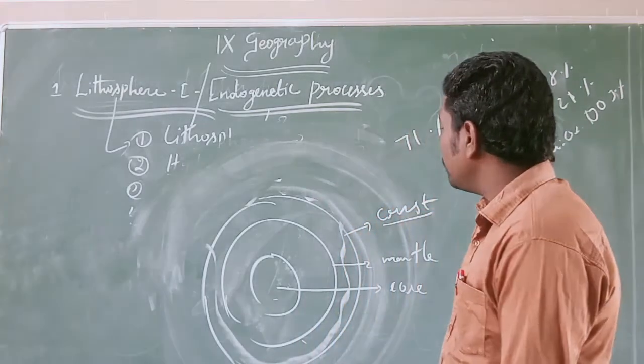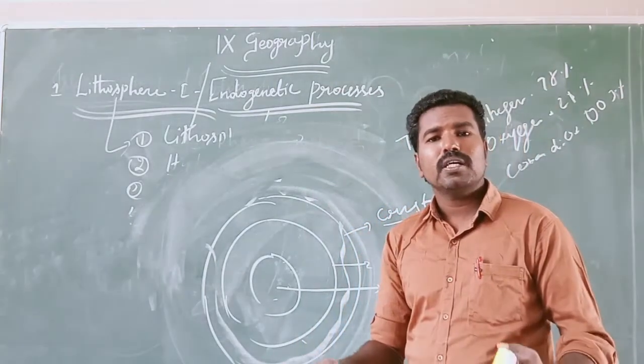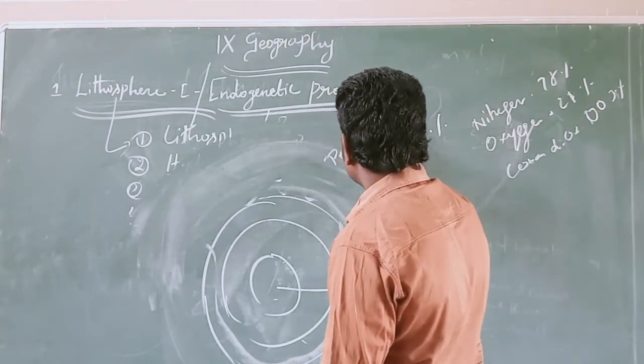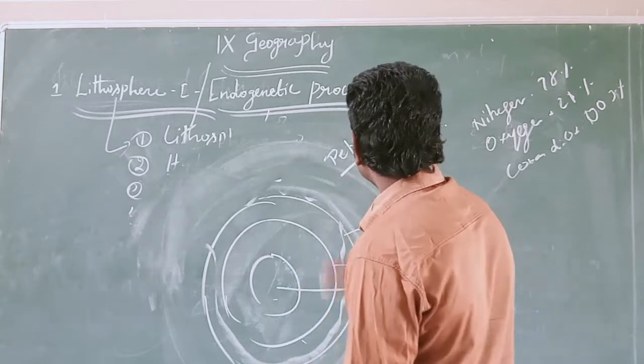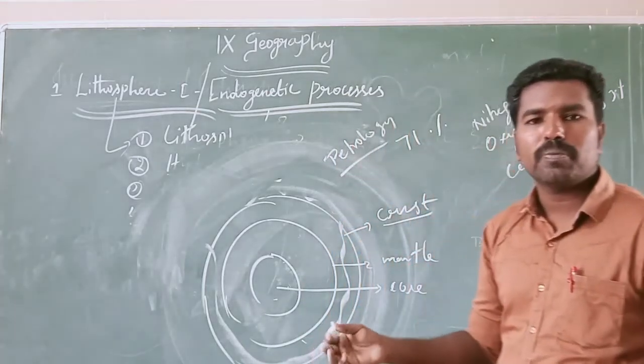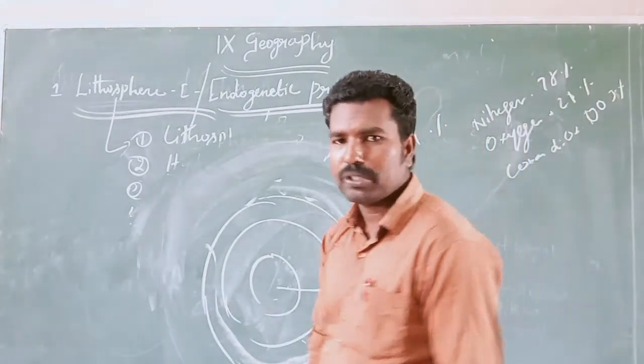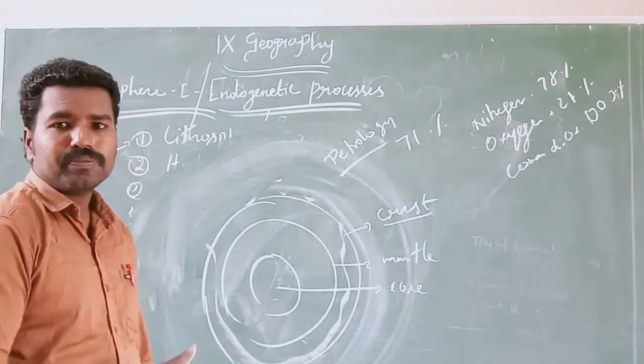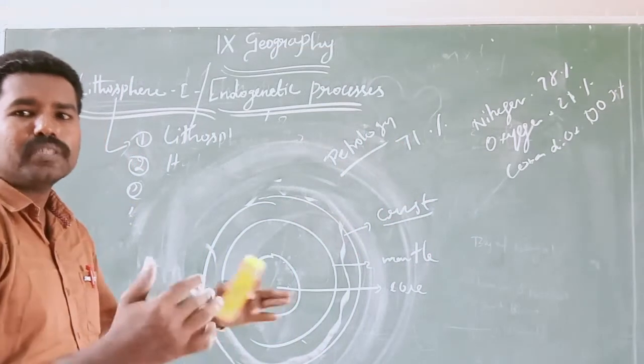If you want to study rocks, you should study petrology. Petro means rock, ology means science. Rock science is called petrology. Rocks are classified into three major types based on their formation.